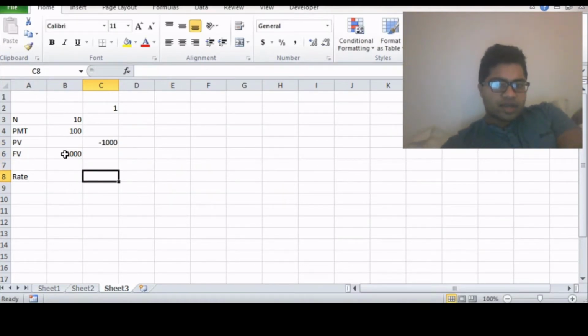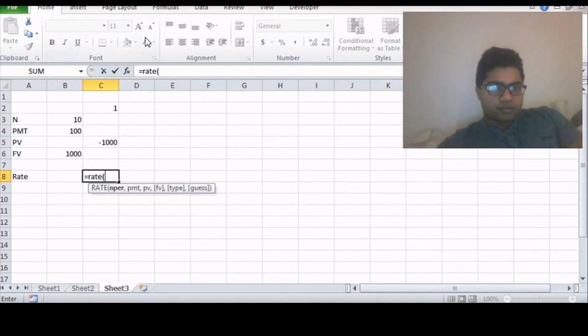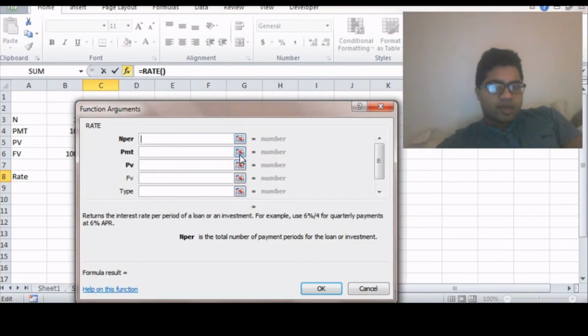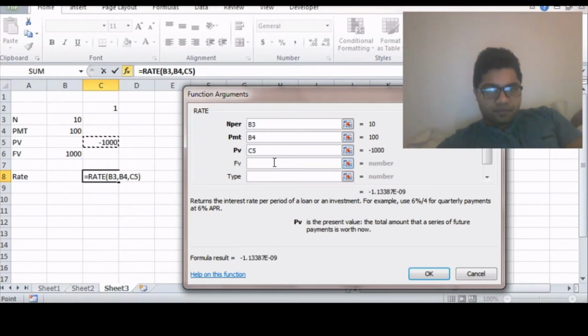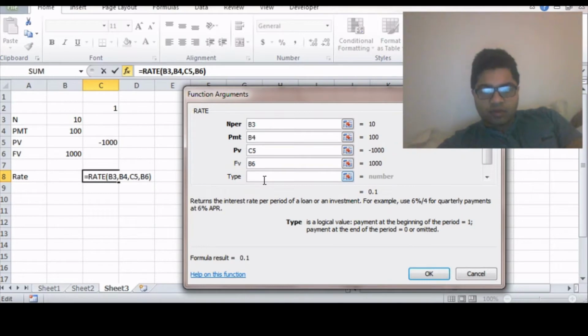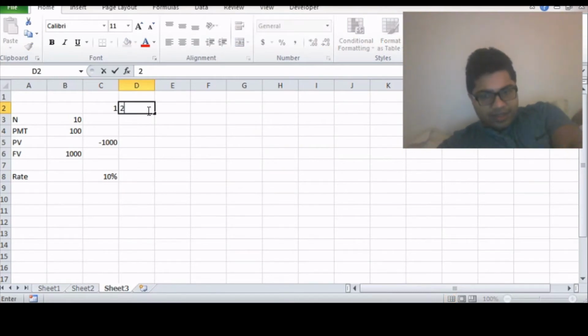So if you calculate the rate of return: N per is 10, PMT, PV, FV, and the type of a bond is always 0. So yield is 10%.